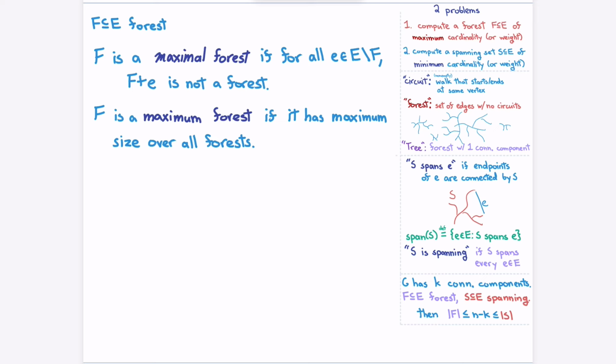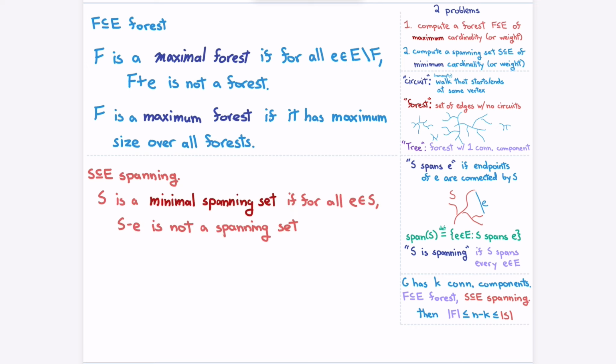Okay. And same thing on the spanning side. Minimal, right? We're trying to make things smaller. Minimal means I can't remove another edge without creating one of these problems, because some edge is no longer spanned, some discontinuity. So minimal means I can't remove any more locally.